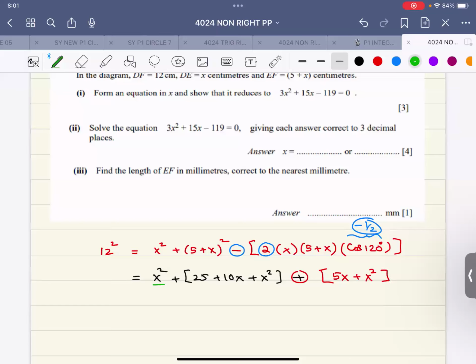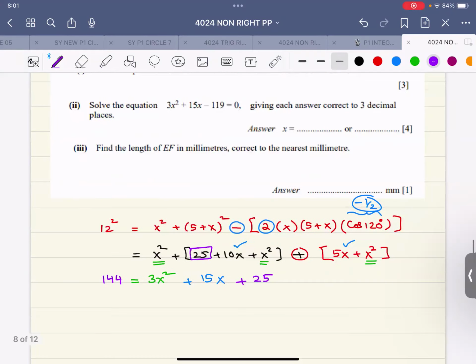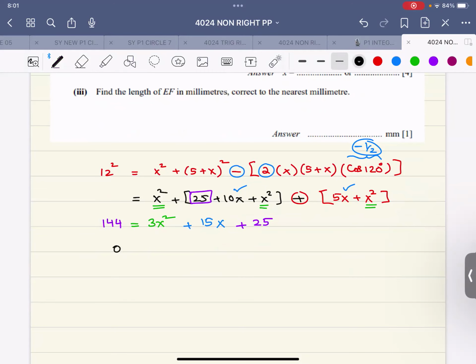Now let's add the like terms together. There is x squared, there is x squared, there is x squared. So therefore this is 3x squared. There is 10x, there is 5x, that is 15x. And then there is this 25, and that's the only constant. Plus 25, this equals 144. So therefore, let me write a 0 over here.